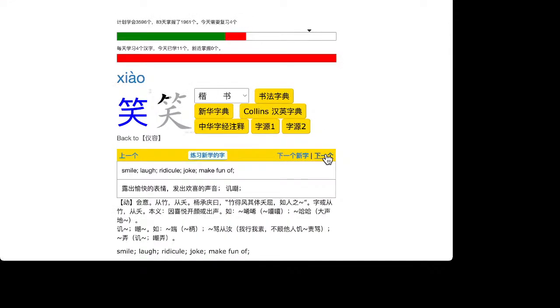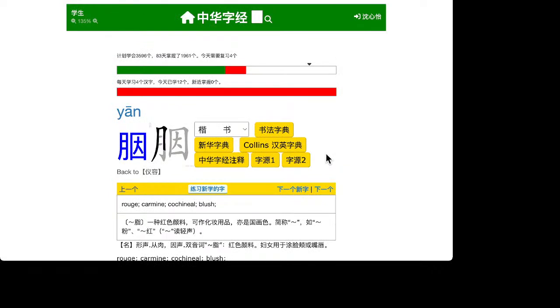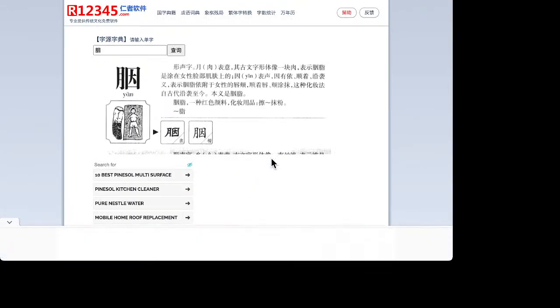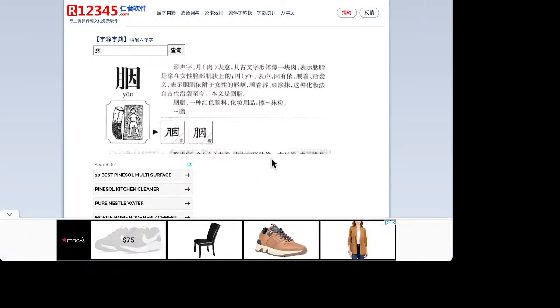Next up, yin. Yin. So here we go. I'm not entirely sure what the meaning of this little guy inside the box is on the right.